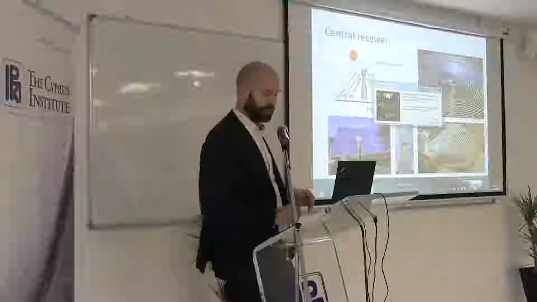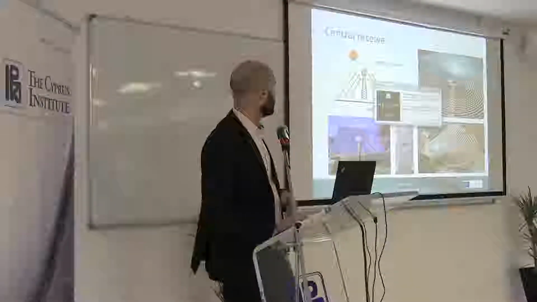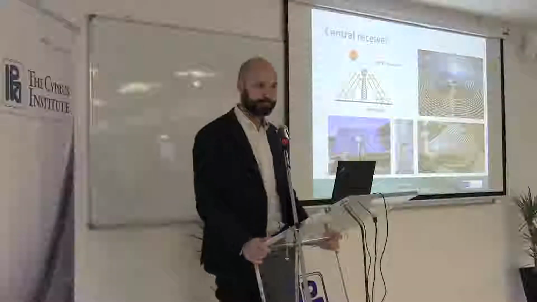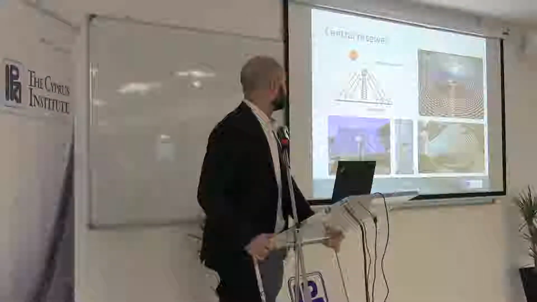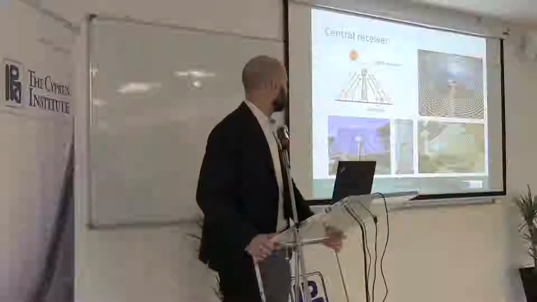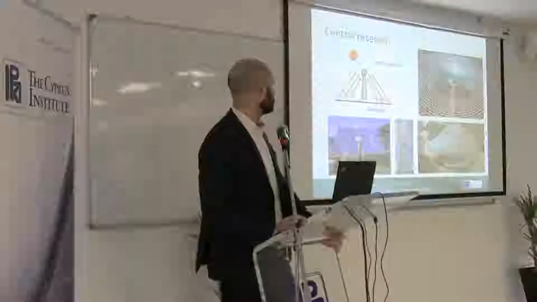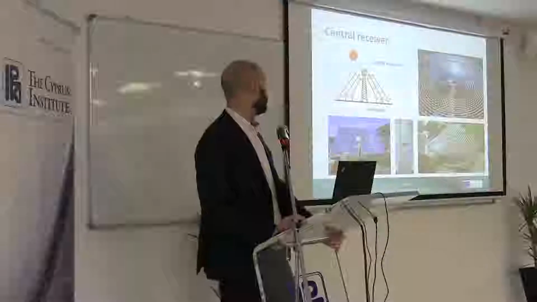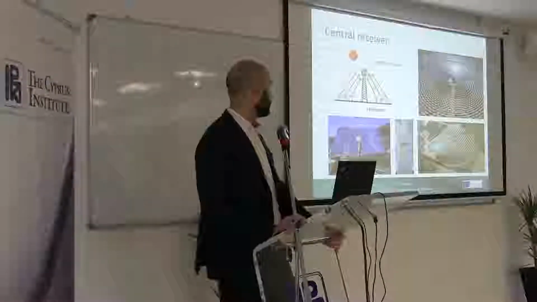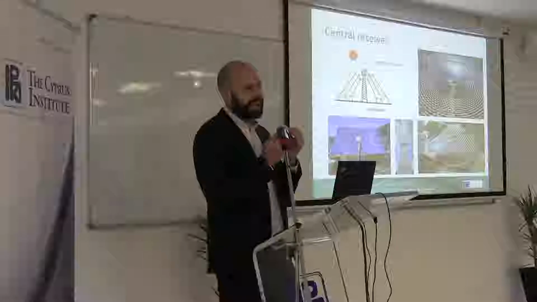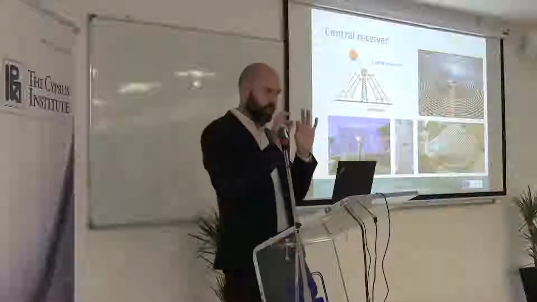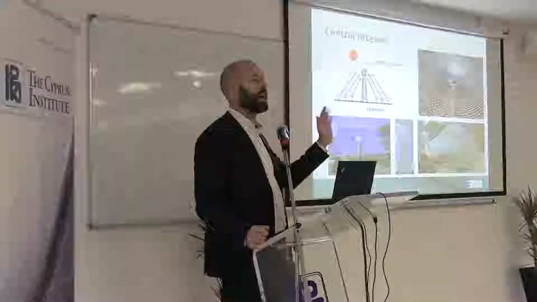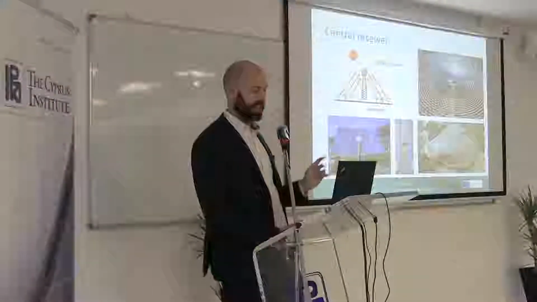Central receiver system, again, we're talking about point focusing systems. In this case, we have a central receiver, which is usually located on top of a tower, which may be hundreds of meters high. And it's not moving, of course, so it's a fixed receiver. And then we have the solar field that's constituted of a set of heliostats, which are flat or slightly curved mirrors that move, tracking the sun on two axes like dishes.